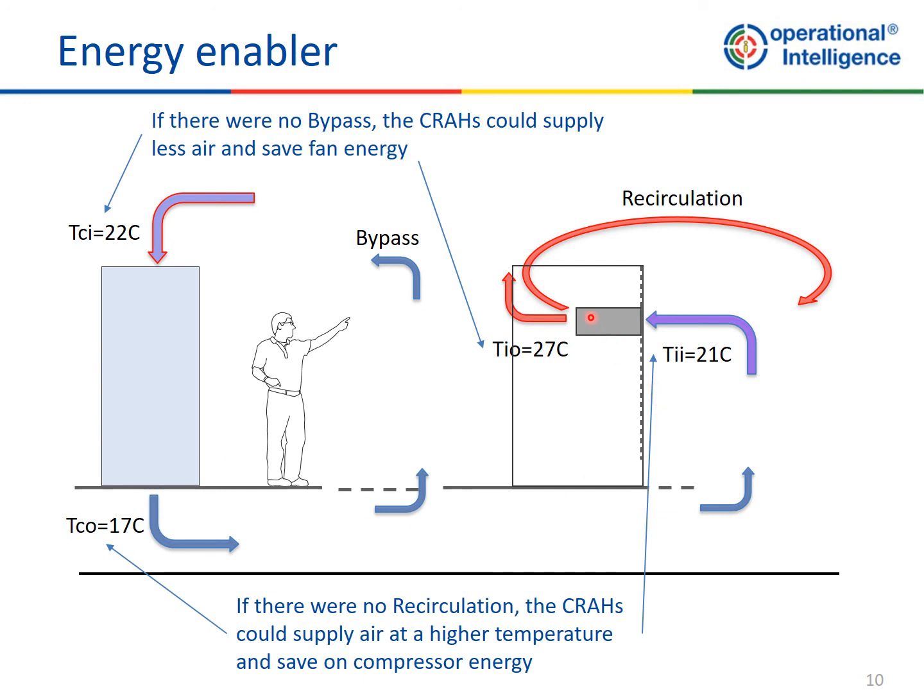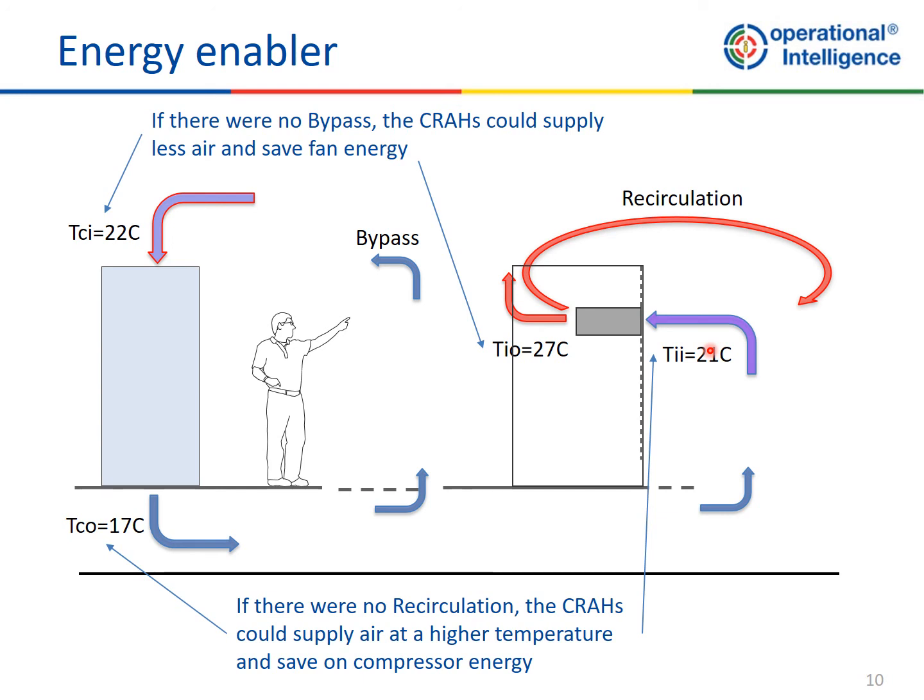If I didn't have any recirculation at all, this air at 21 degrees would actually be 17 degrees, because it is 21 since this air at 17 is mixing with this air at 27 to give me 21 degrees. So I've actually got 4 degrees worth of recirculation.